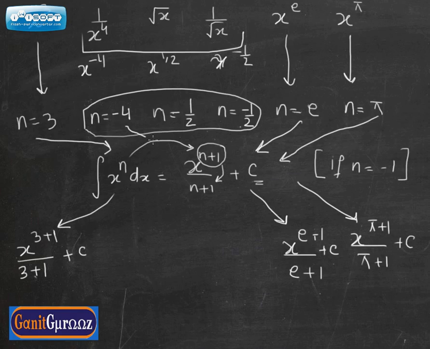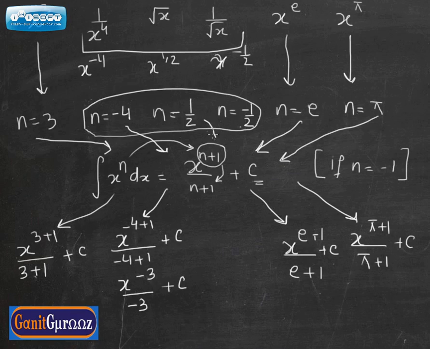I put in this negative 4 in this formula, and what I get is x raised to power minus 4 plus 1 upon minus 4 plus 1 plus c, and therefore I can simplify this as x raised to power negative 3 upon negative 3 plus c. Similarly, when I put in n is equal to half, what do I get?